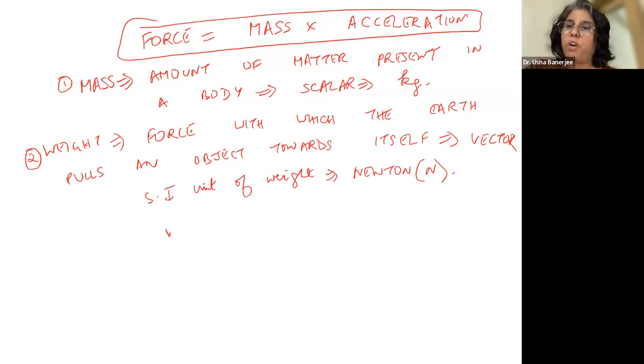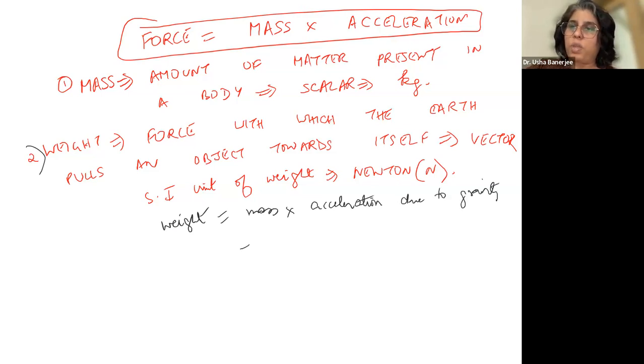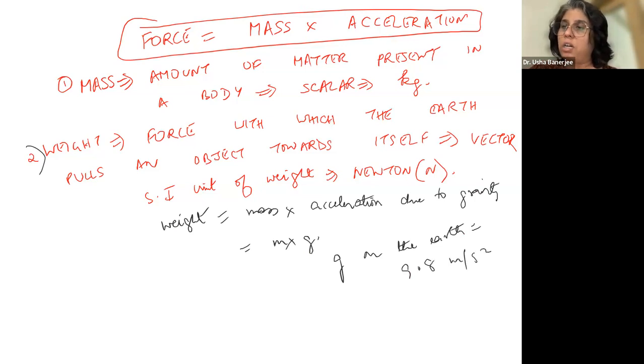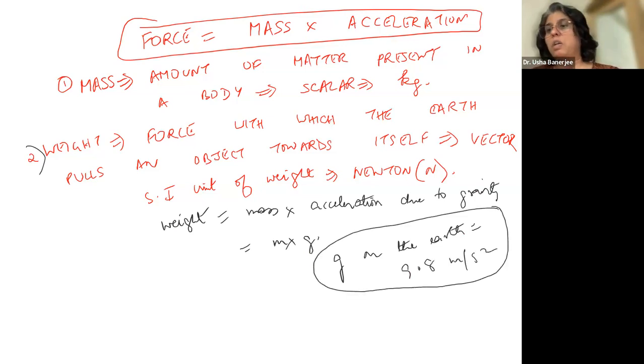And the formula for weight, I'm writing in black so that you can understand. The formula for weight is mass into acceleration due to gravity. So we write m into g, and g, acceleration due to gravity on the earth, is 9.8 meter per second square.